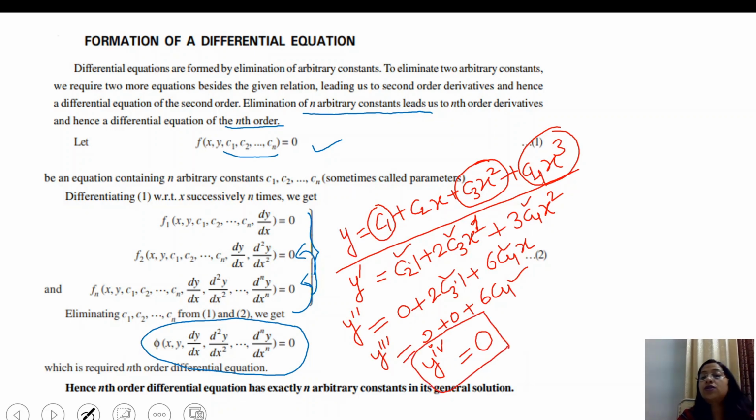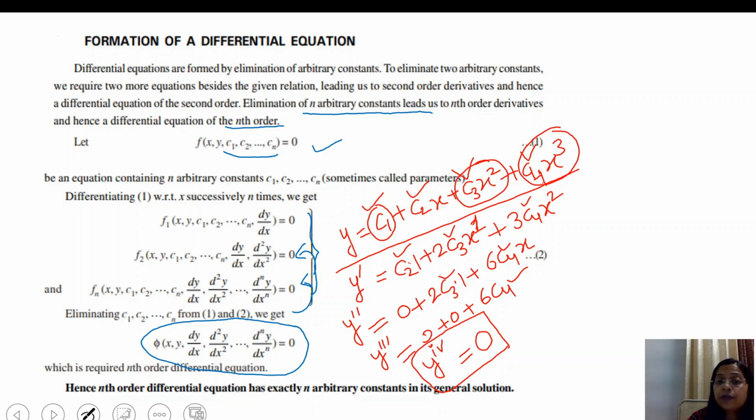So I was already aware of the order of the differential equation I would get with this solution. How? Because here I had 4 arbitrary constants, c1, c2, c3, c4.